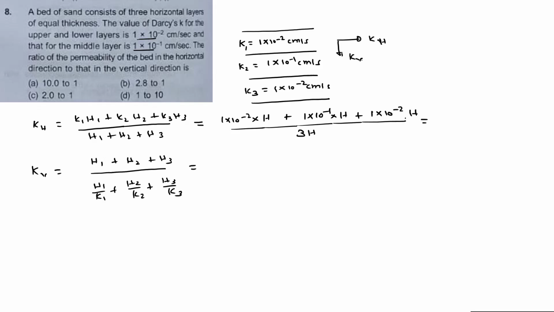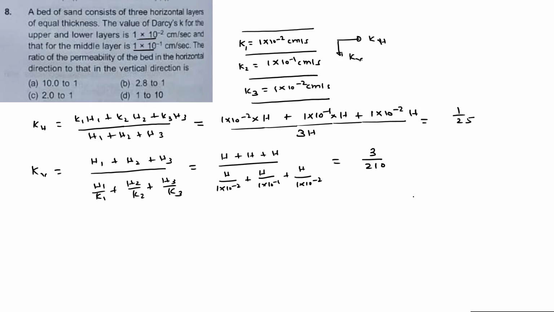When we calculate this expression, we get 1 upon 25. For Kv, H plus H plus H divided by H by K1 (1 into 10 to the power minus 2), plus H by K2 (1 into 10 to the power minus 1), plus H by K3 (1 into 10 to the power minus 2). This will be 3 upon 210.